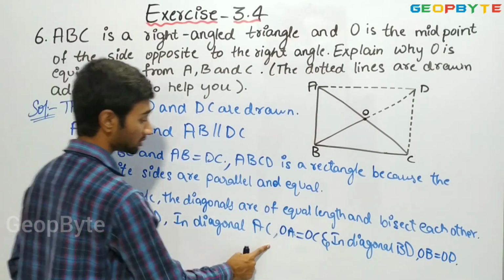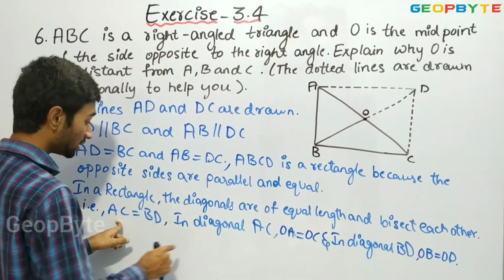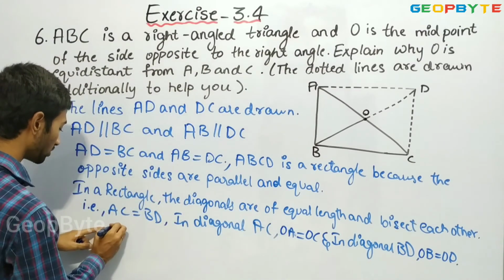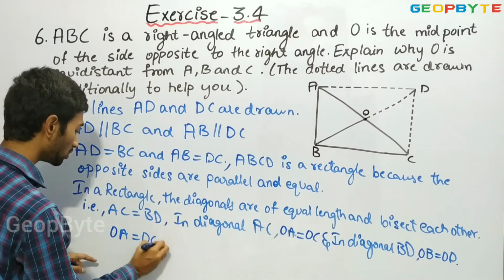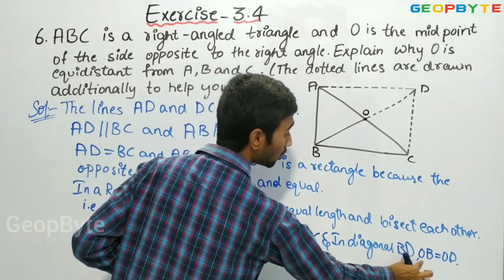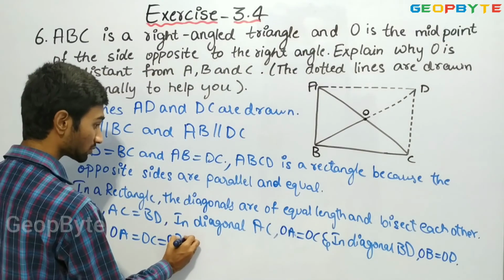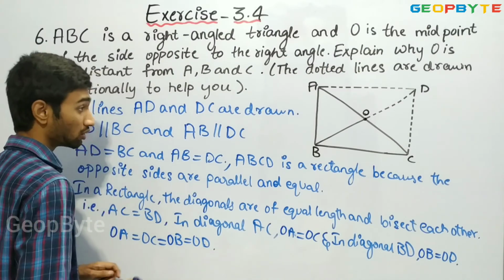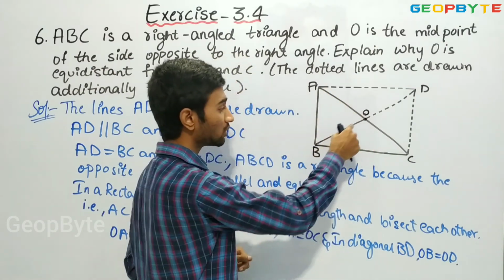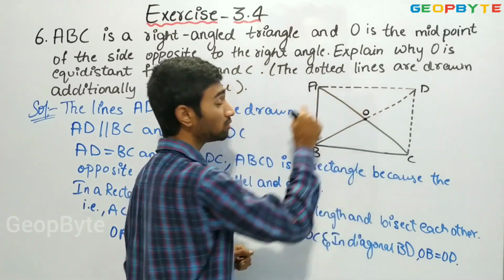So from these statements, we can say that AC equals BD, and in diagonal AC, OA is equal to OC, and in diagonal BD, OB is equal to OD. So in a rectangle, OA is equal to OB, OB is equal to OC, and OC equal to OD, OD equal to OA.